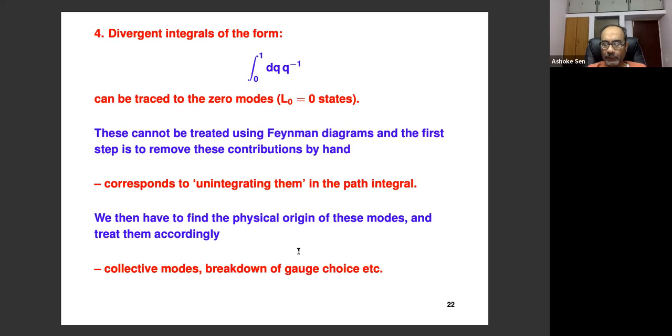So in that case, you know that your gauge fixing is breaking down. So you go back to your original gauge invariant path integral and try to either do new kinds of gauge fixing or try to evaluate that original gauge invariant path integral explicitly. So this is the way we are going to treat the L0 equal to 0 modes. First analyze their origin and then treat them accordingly.